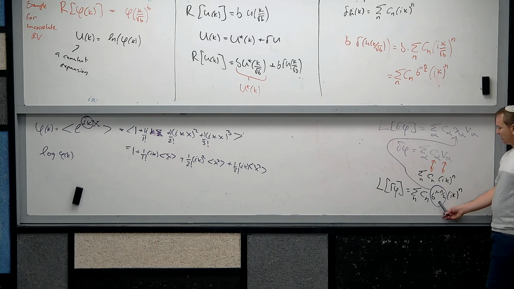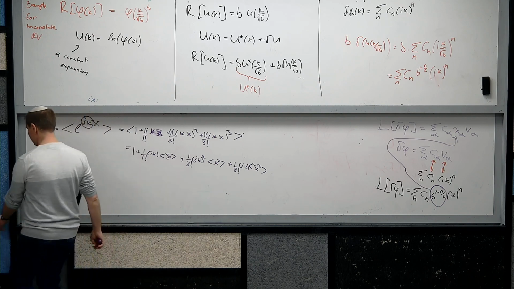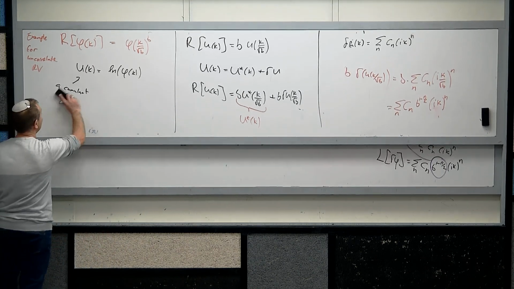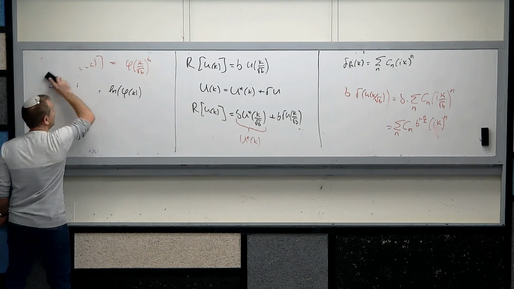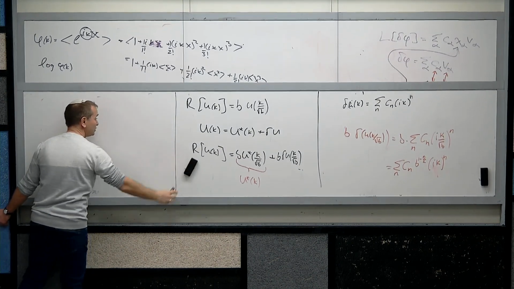Okay, so we now know that our eigenvalues are b to the power (1 minus n) over 2. So what can we say?